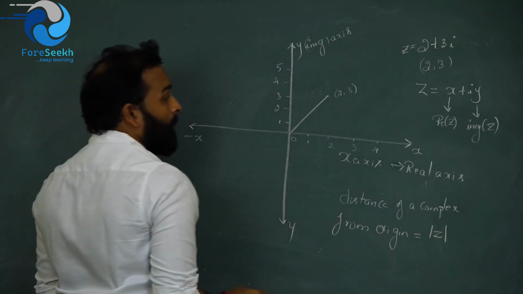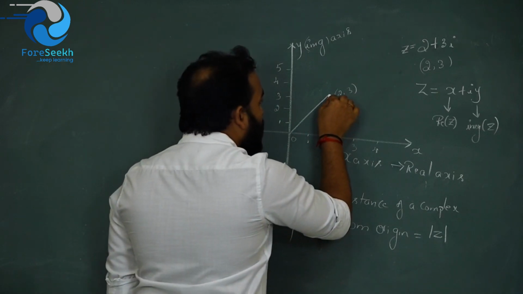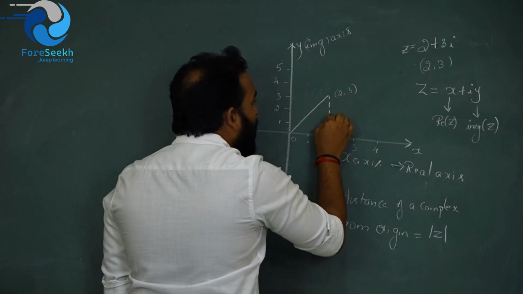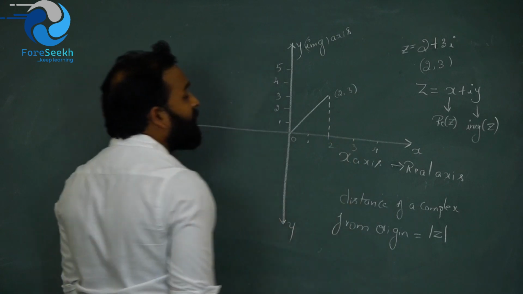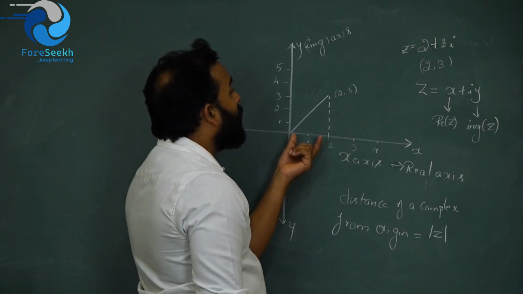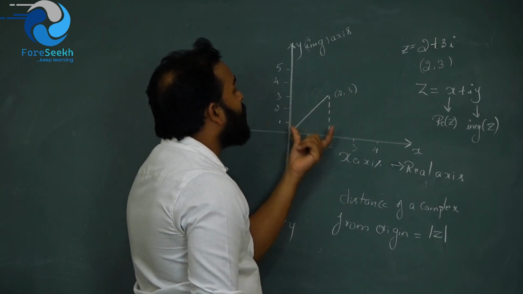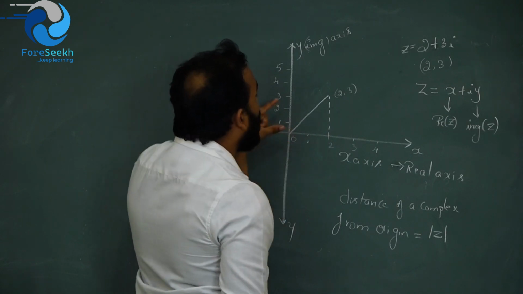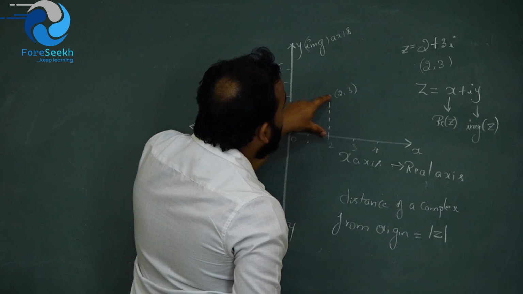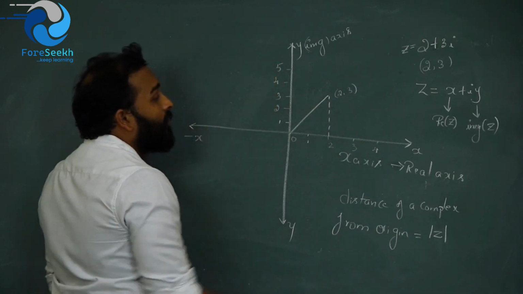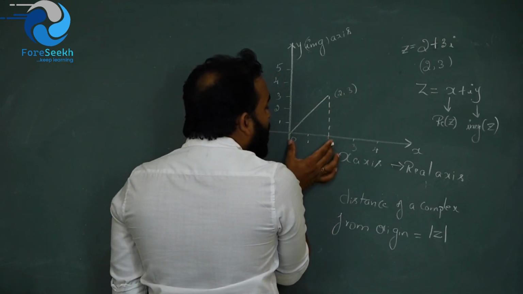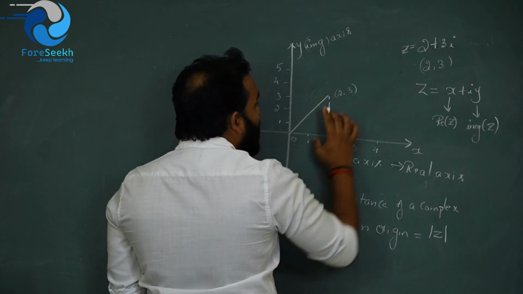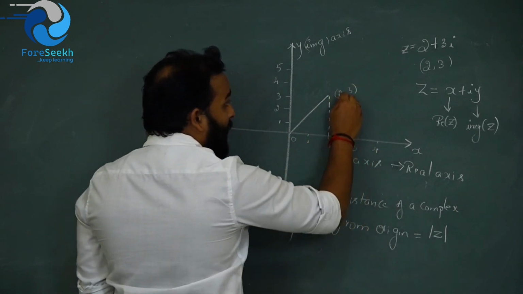Why so? If you notice here, the x coordinate is the perpendicular distance of the point from the y-axis, and your y coordinate is the perpendicular distance of the point from the x-axis. So here 2 comma 3, this is the perpendicular distance of the point from the y-axis, this is the perpendicular distance of the point from the x-axis.